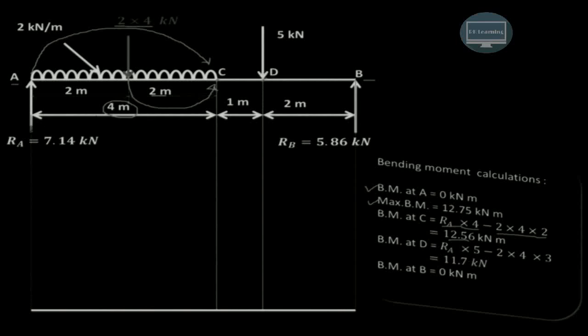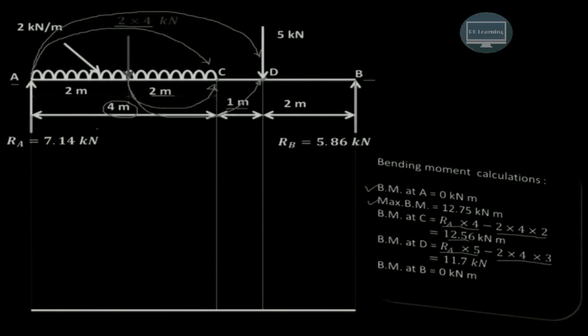Similarly, the bending moment at D. Again, we have to start from RA. This RA will produce a clockwise moment about point D, and the perpendicular distance is 4 plus 1, that is 5. So it is RA into 5. This UDL is 2 into 4 and it is acting at the center of the 4 meter length, but we have to take the moment about point D. So from this point up to this point, the total distance is 2 plus 1, that is 3 meter.